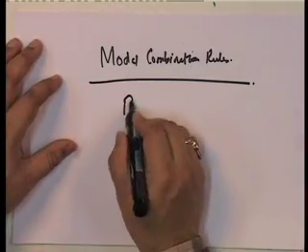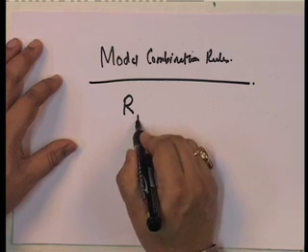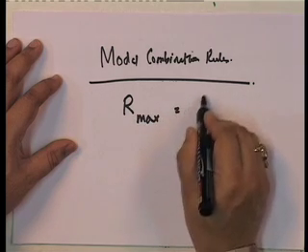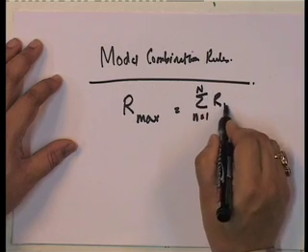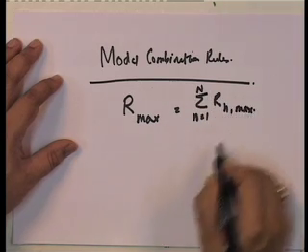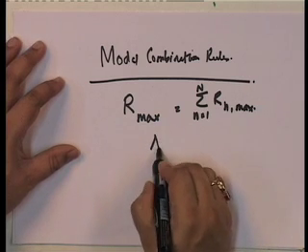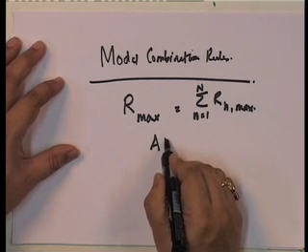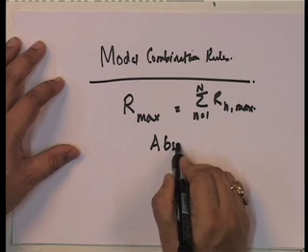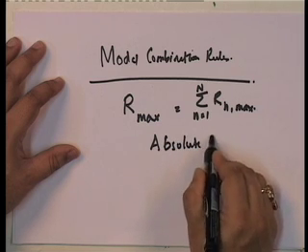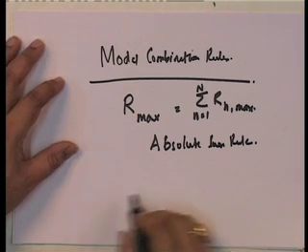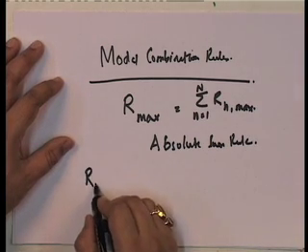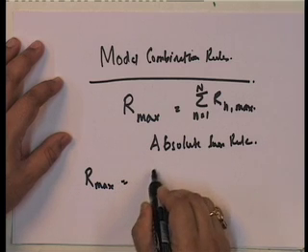The one that I showed you, R max equal to the summation n from 1 to N of Rn max, is known as the absolute sum rule.